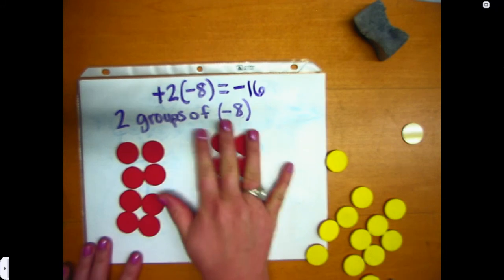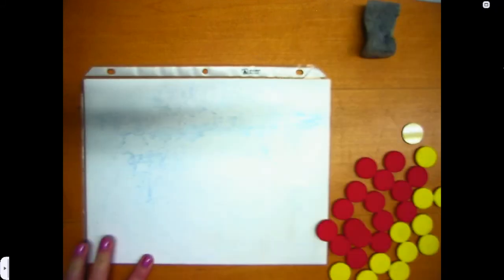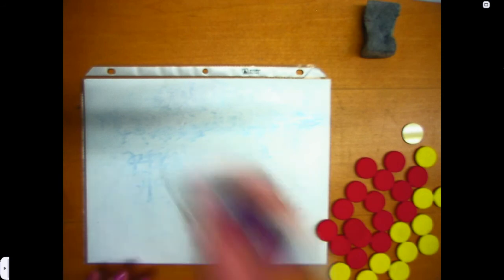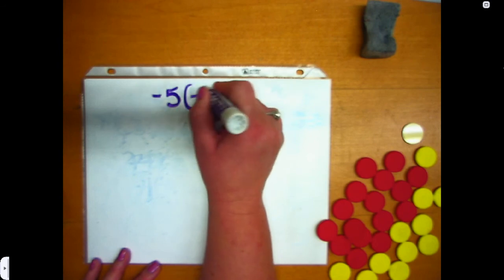Let's try another one. This time, let's try -5 times -2.